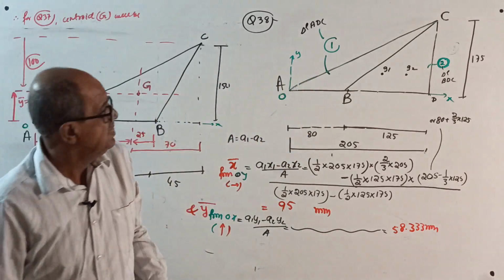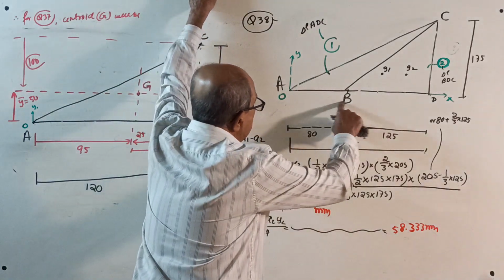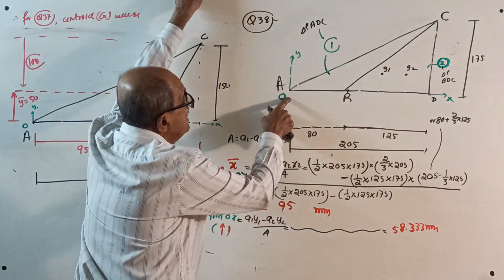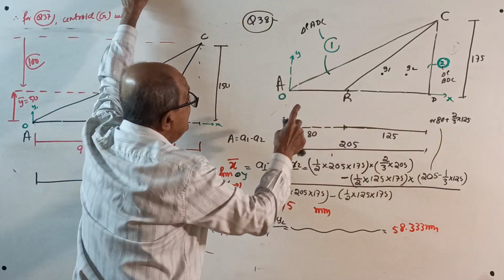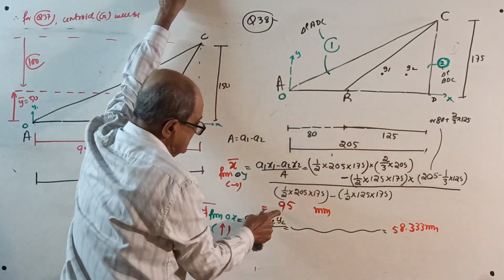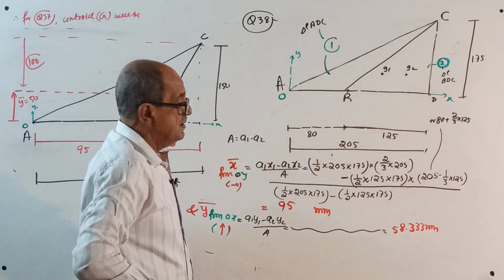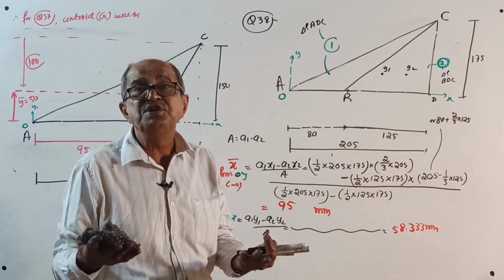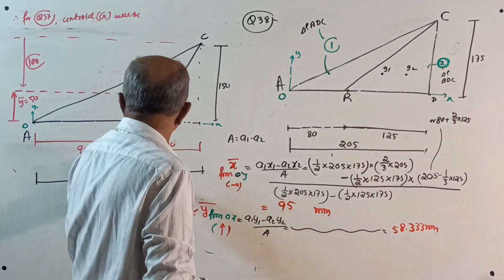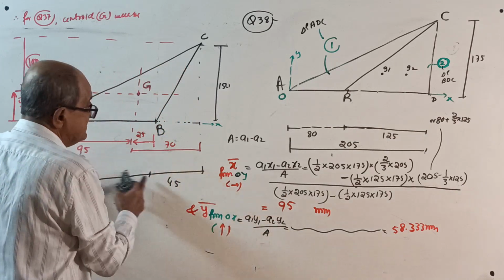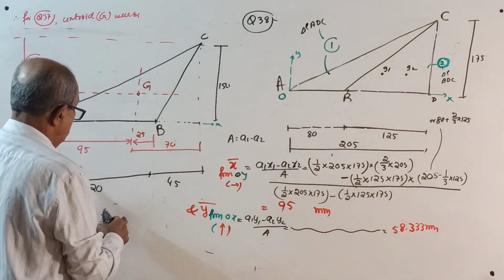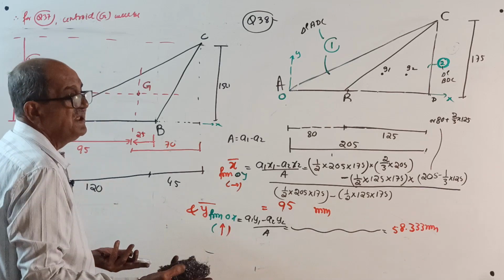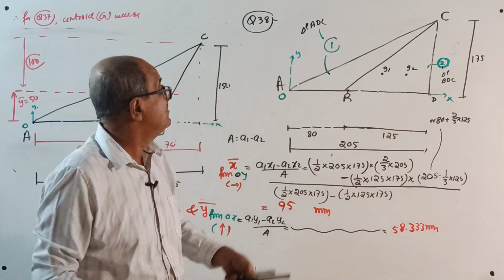Therefore, x bar we got from here is 95. So this is 80. Remember, it is a once in a lifetime, once in a crore chance of getting the same answer as that time. Anyway, the other things are different here. By chance it came. What can I do? Okay, start.